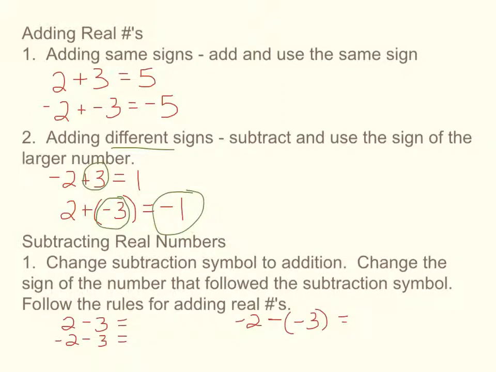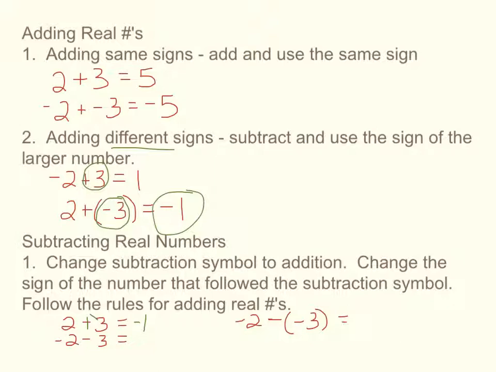For example, 2 minus 3, we can change the subtraction sign to addition and then make the sign that follows it negative. So it becomes 2 plus negative 3. And remember, I'm following the rules for addition, so I've got different signs here. So I'll subtract those numbers. 3 minus 2 is 1, and the bigger number is negative, so it's negative 1.